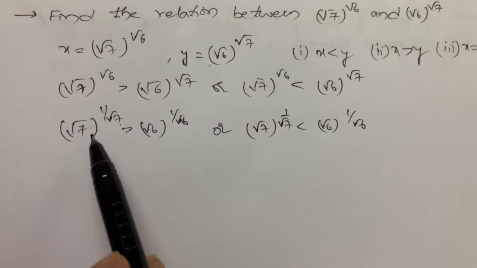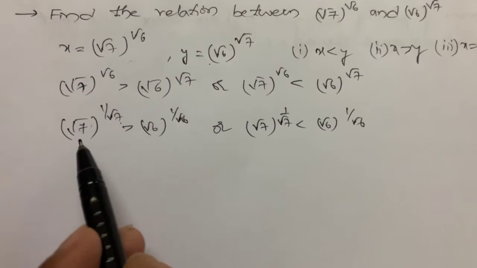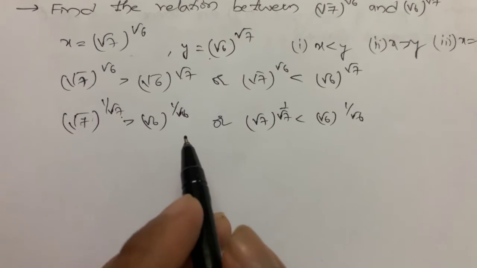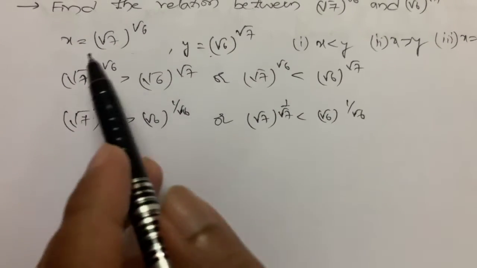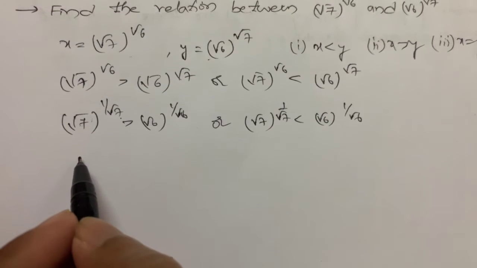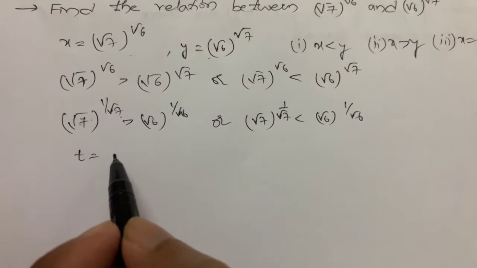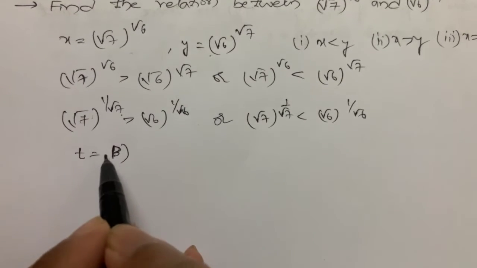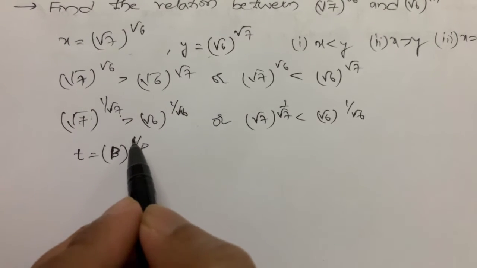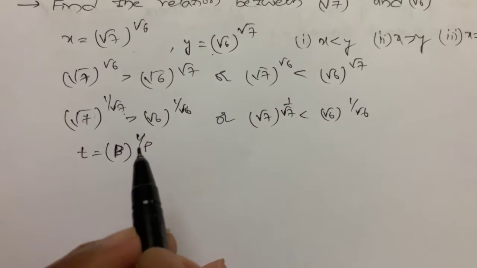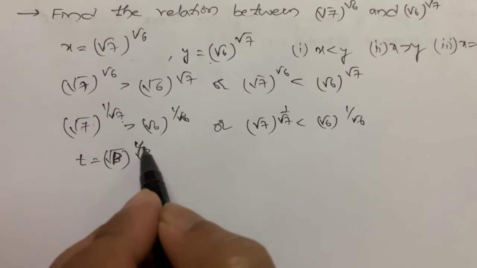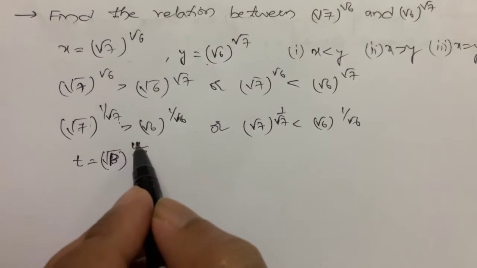Here we can construct a function. We are considering x and y variables, so let's consider t is equal to root p power 1 by root p.